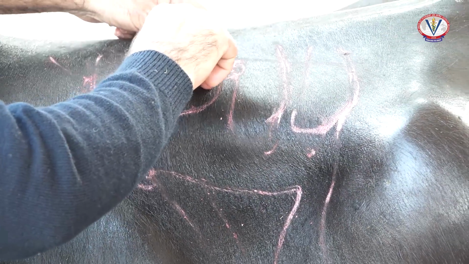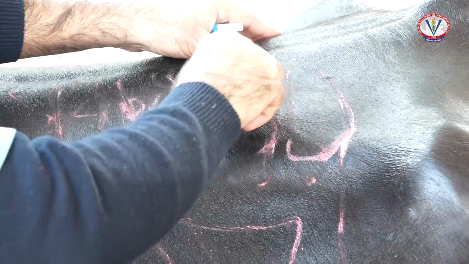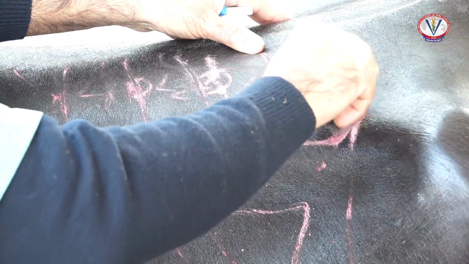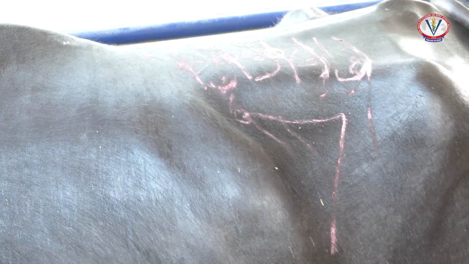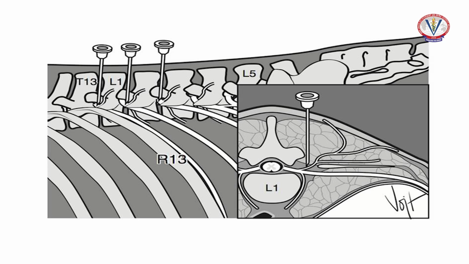The paravertebral nerve block can be given proximally or distally. In proximal paravertebral nerve block, the dorsal aspect of the transverse process of the last thoracic and first and second lumbar vertebrae is the site for needle placement.